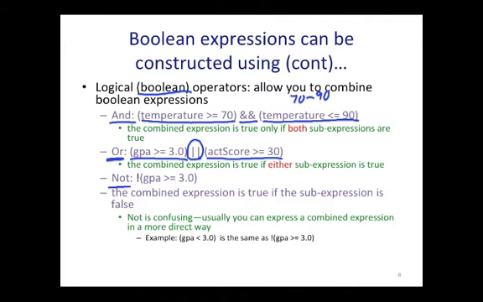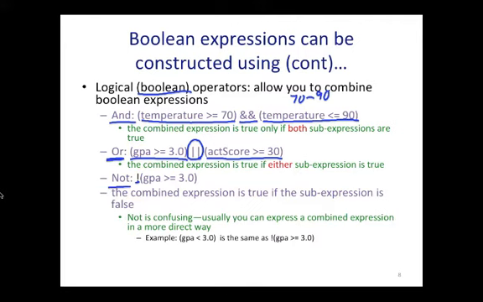Okay? And then finally, there's not. And not simply inverts its sub-expression. So here, it's done with an exclamation point. So what we're saying is that if the GPA is greater than or equal to 3, the outcome is false because it's inverting it.